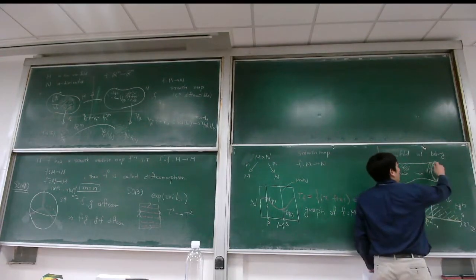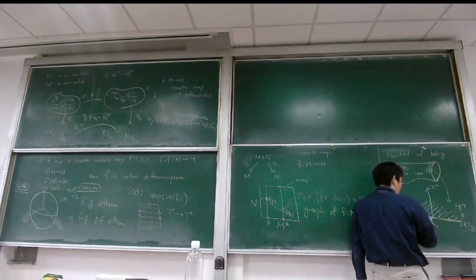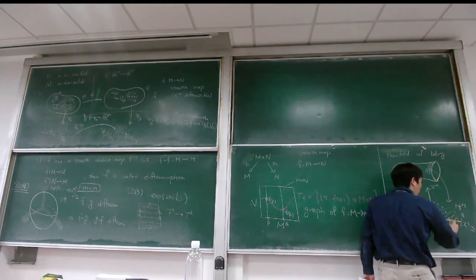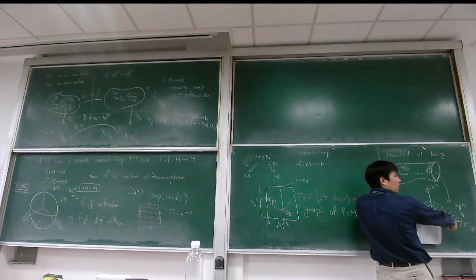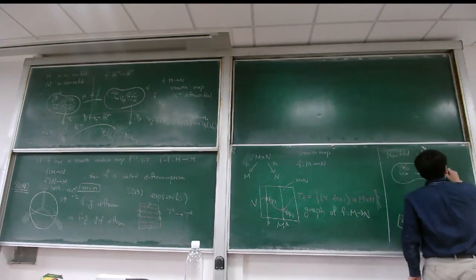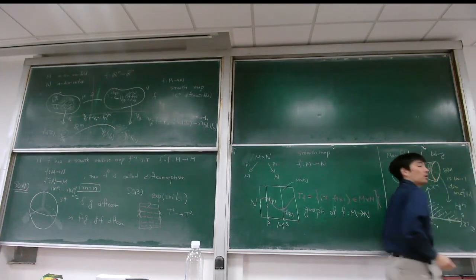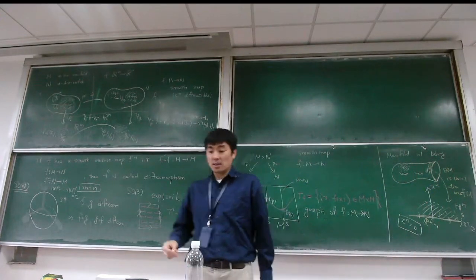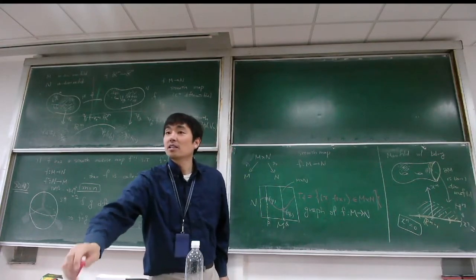If you pick a point here, you can consider a local chart, which is open in R^(n-1). Therefore, the boundary of M is an n minus 1 dimensional manifold. Do you understand? Any question?